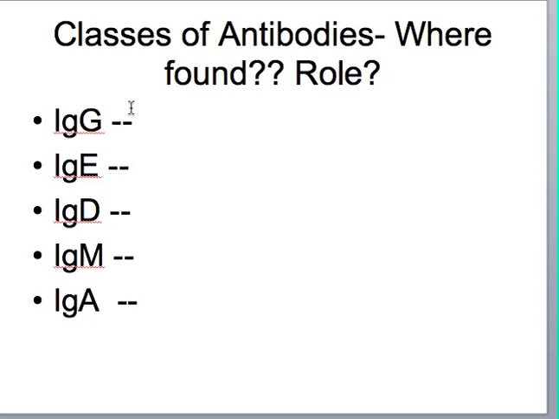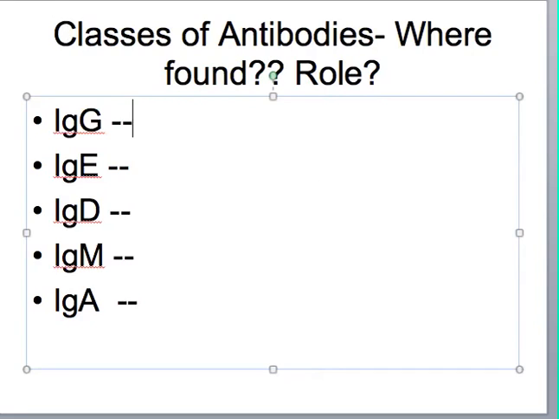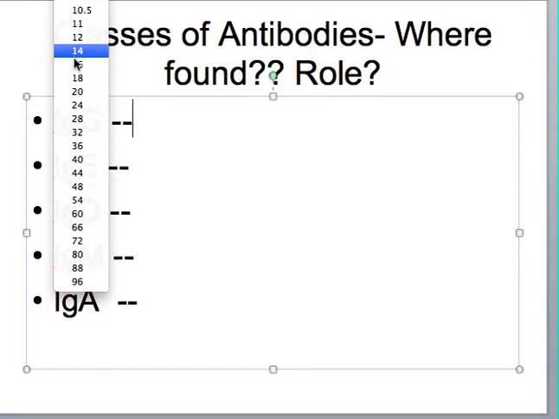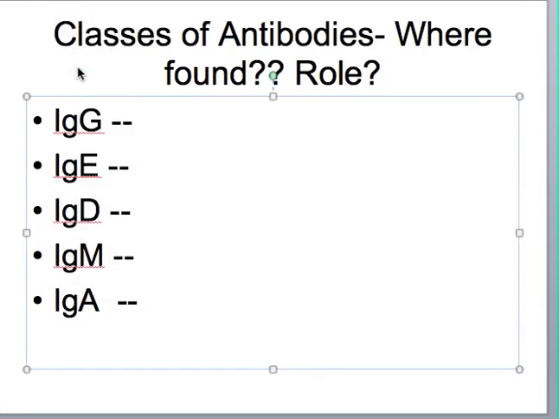IgG. I'm going to type this in some small font as we go, and we'll just talk about them right now. IgG is the most diverse group. It's the most numerous group, so in other words, the most antibodies are in the IgG group.